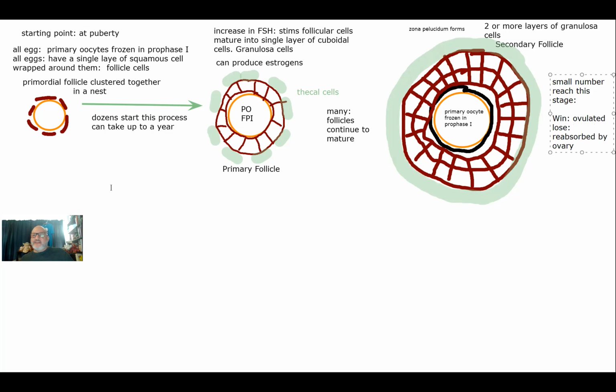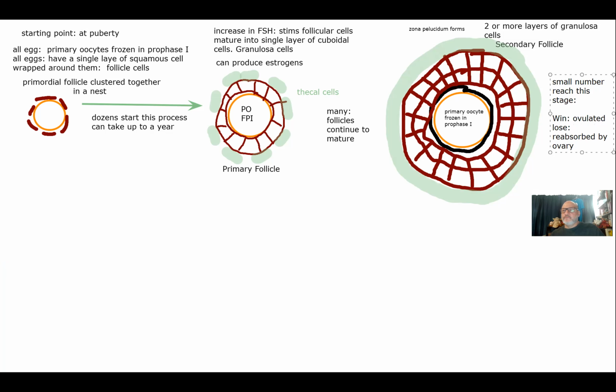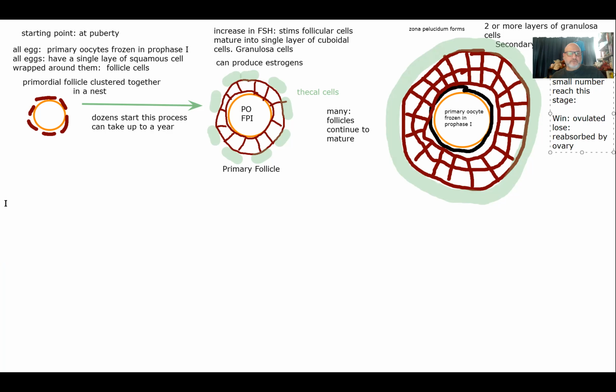So of these secondary follicles that form, only one reaches the mature state, what we call a mature follicle, what we call a tertiary, because after all, if we have a primary, we have a secondary, we have a tertiary follicle, or what is also known as a Graafian follicle.